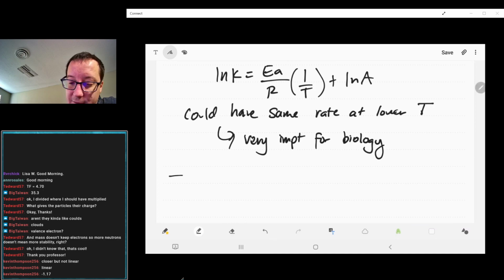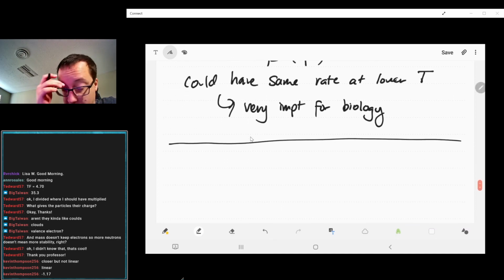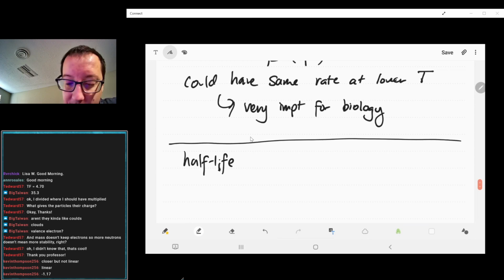Our last kind of bit here for kinetics is going to be half-life. This is something we'll talk about more in nuclear chemistry, but we'll talk about it here a little bit.